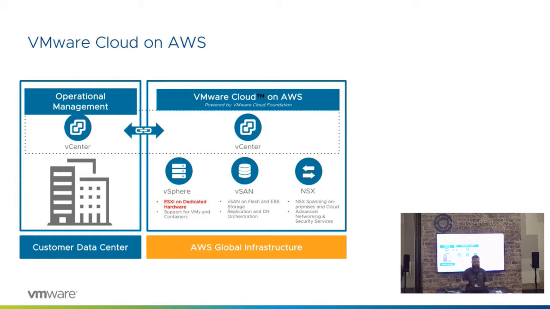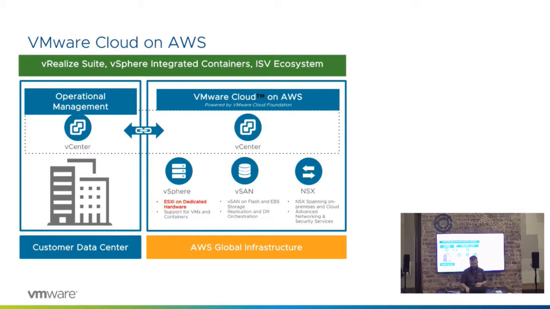Things like hybrid linked mode give you the ability to log into a vCenter instance and manage both your on-premises as well as your AWS-based vSphere resources. That also gives you access to other things in the VMware ecosystem like vRealize Automation, vSphere Integrated Containers, and so forth.